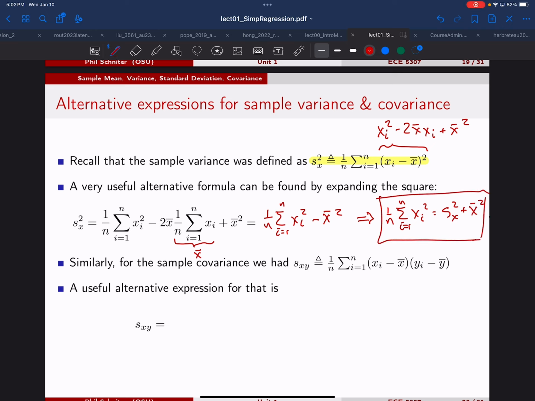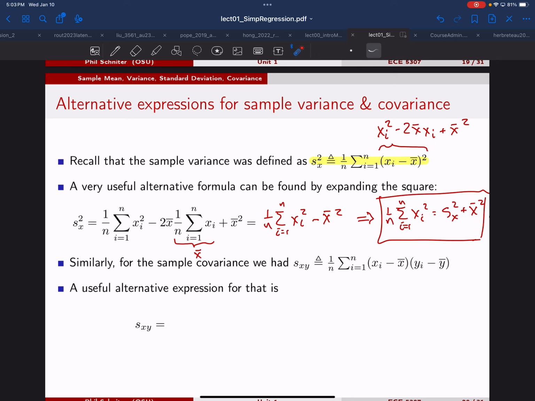Okay, so this is a very useful thing because this is something that often comes up, and now you want to write it statistically. It is the variance plus the squared mean. Sometimes students confuse this for the variance, but actually you have to remember that there's this squared mean in there as well. Any questions on this? Okay, we'll use this a little bit later in the next lecture.